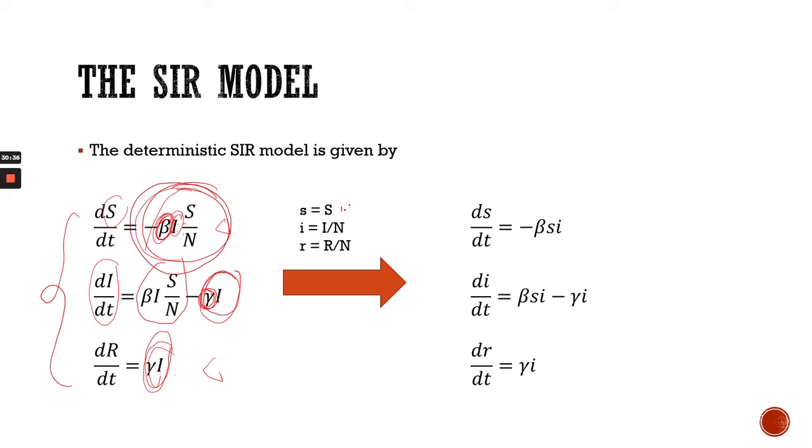So instead not number of individual, you can just have number of individual divided by the total population. That will give you the proportion of individuals, proportion of susceptible, right?